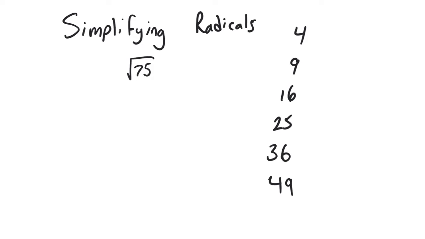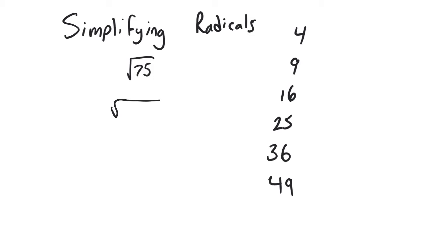All right, so let's look at these numbers and think about any of them that's going to go into 75. The only one that I see that's going to go into 75 would be 25. And it's going to go in pretty easily, actually. 25 will go into 75 3 times. So what we can do now, we can split our radical up to where it says square root of 25 times 3.